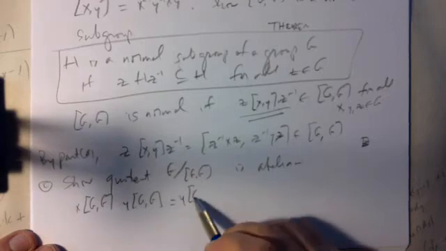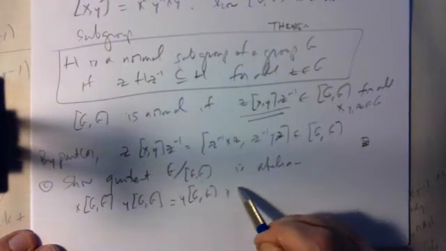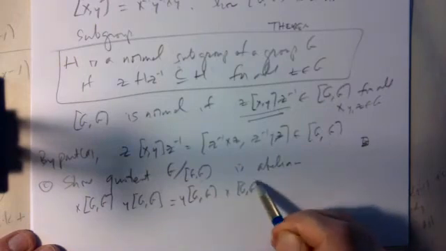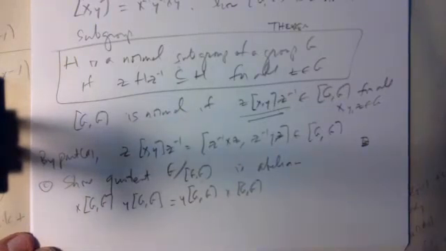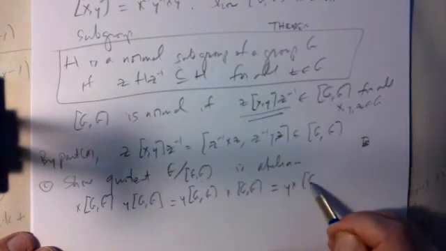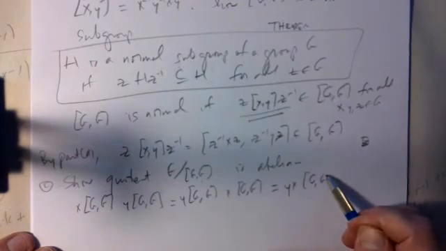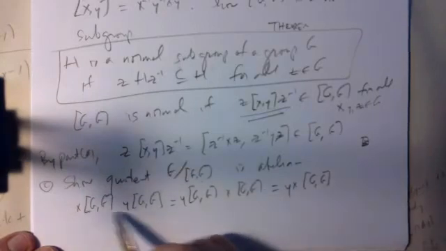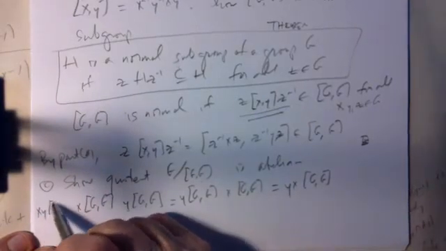Of course, by the way you multiply cosets, this is just the coset yx[G, G], and this is just xy[G, G].